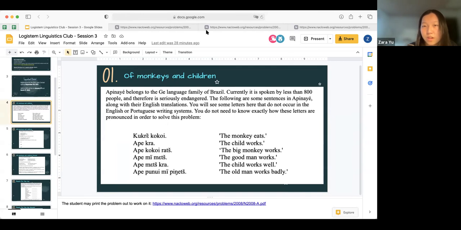I'm also going to put you guys in breakout rooms to do the problems so you can discuss with each other how to do it. If you need the problem, I'll copy paste the link again in each room. I'm going to create the rooms right now and then open them, so you can all join these rooms.